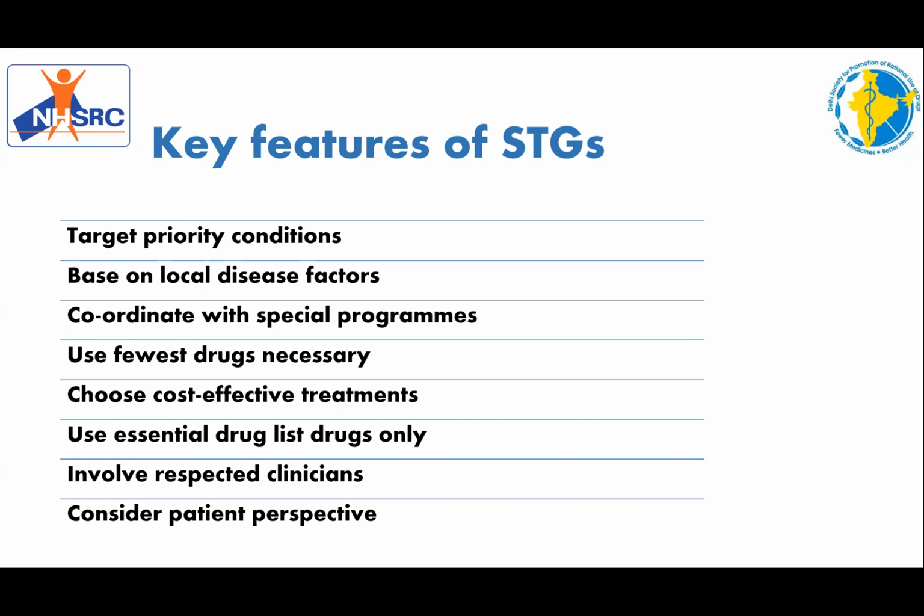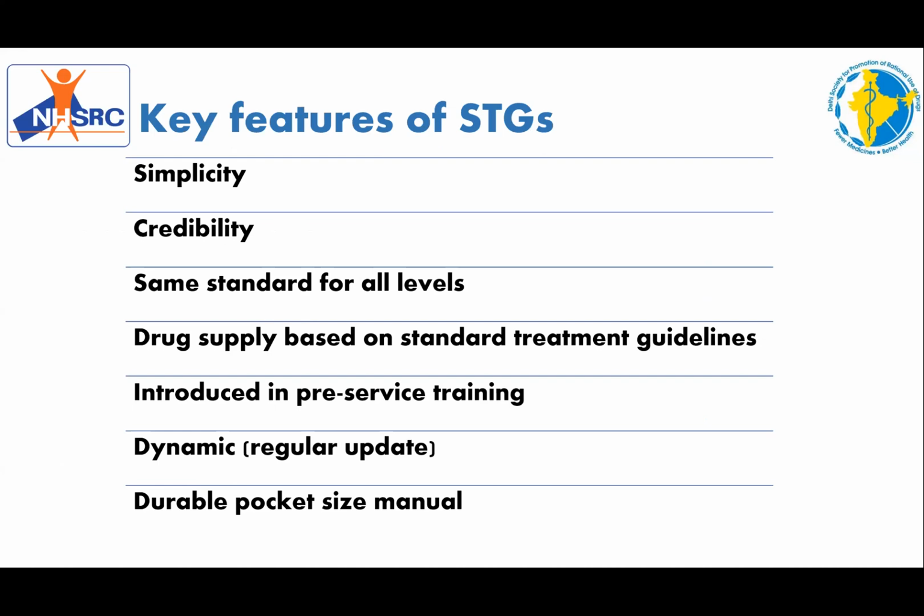So the effort should be, especially at the lower level, that we should not venture into new drugs because their safety profile may not be completely known. So essential drugs which have been time tested should be used, and these guidelines are made with the patient's perspective in mind. And one of the main concepts in standard treatment guidelines is that the same standard for all levels is followed.